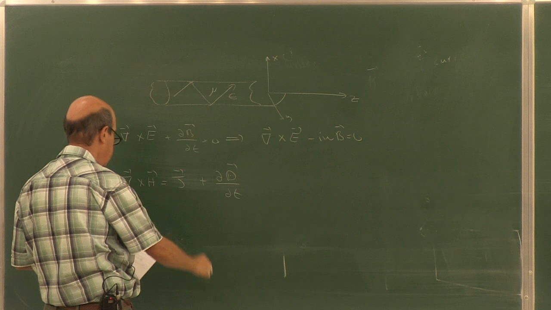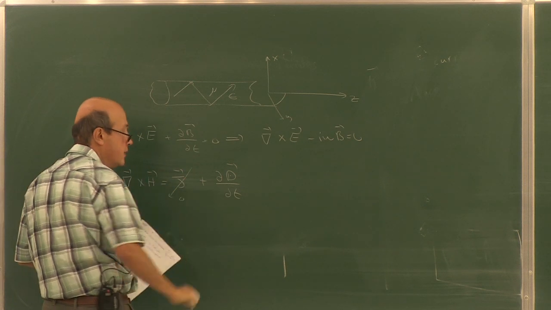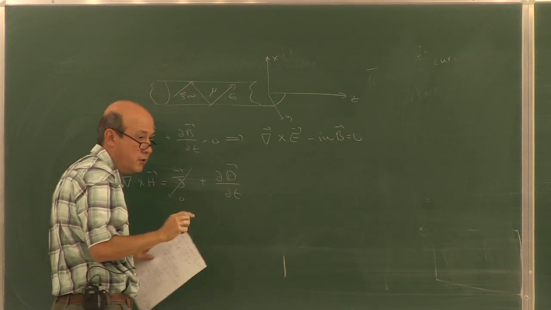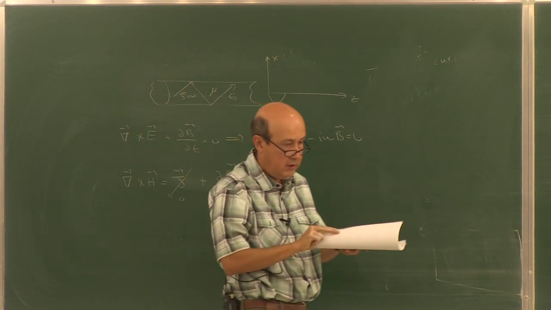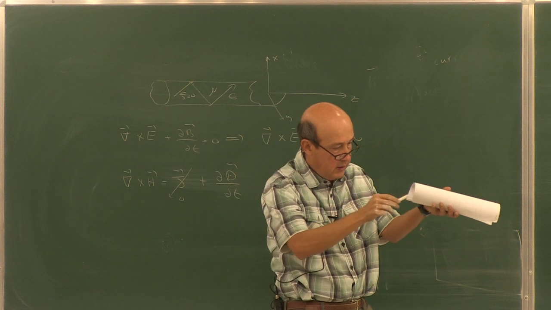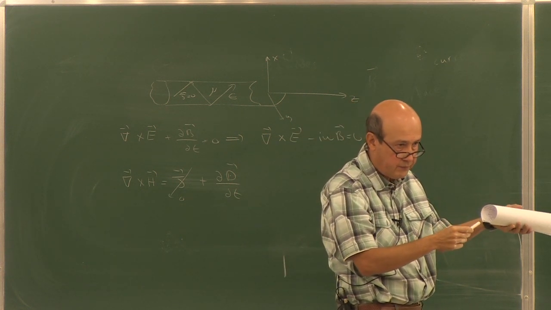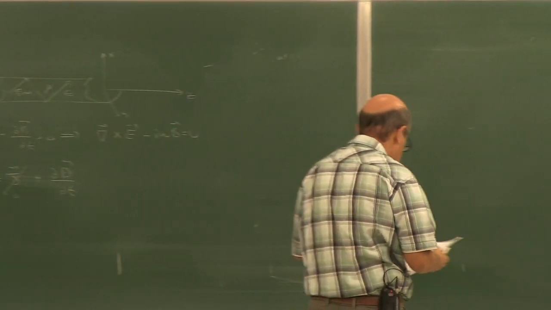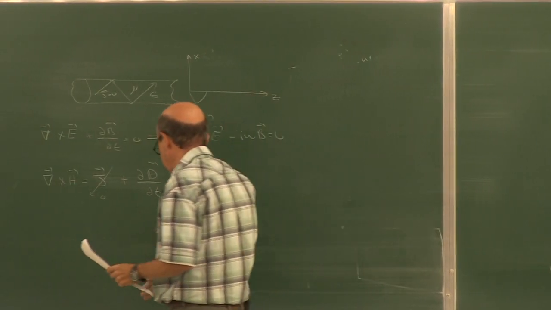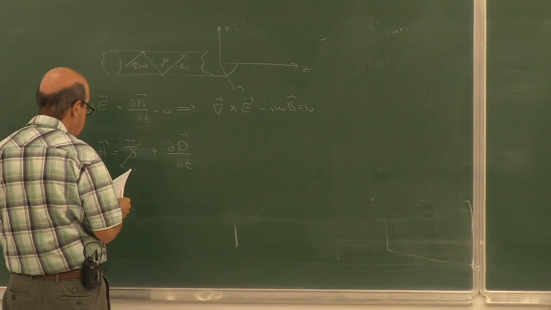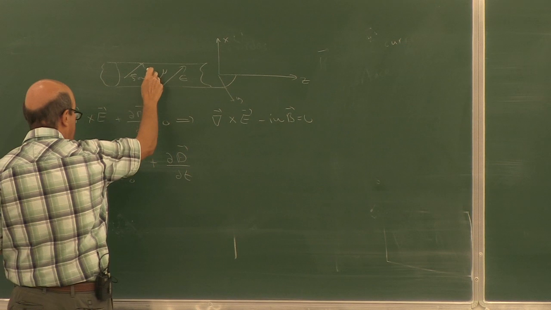And here we will take the current density 0. That means that in the waveguide no free current density. Okay, so if you say this is the waveguide, inside there's some material but no free current density. So there's some electric displacement, all sorts of things there, but no current density and no charge density also.